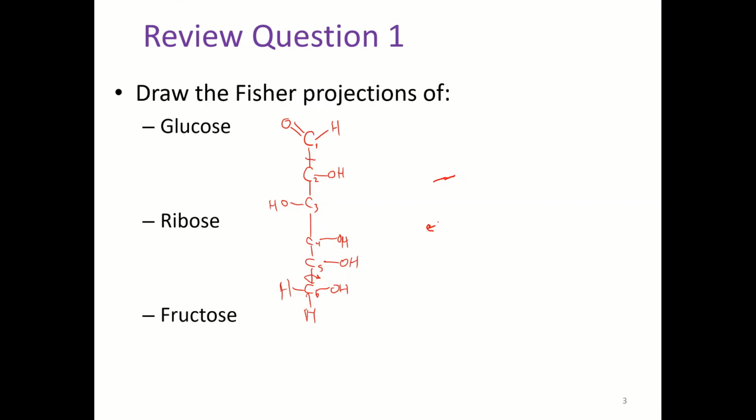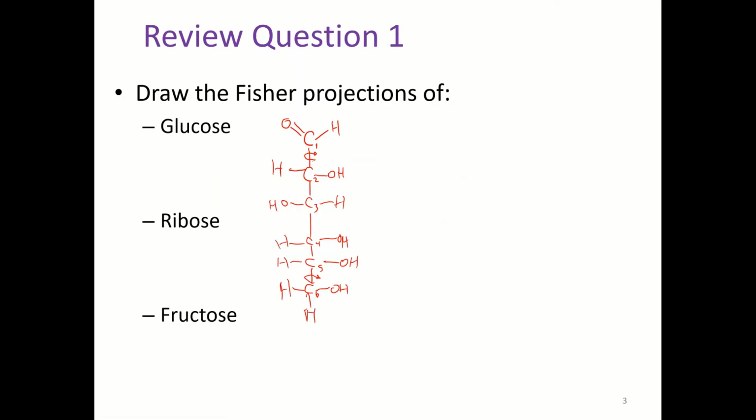Likewise, the first bond up there can rotate, so showing the double bond on either side is fine. The only other thing we need to do here is draw in our hydrogens. And that would be the Fischer projection, although slightly scribbled, of glucose.